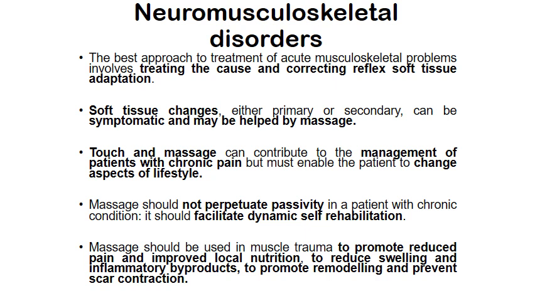This takes a lot of in-depth assessment and experience, as you gain more and will gain more in the future. So there will be some soft tissue changes, some primary and others secondary. So while you are relieving the symptoms, you will have to find out what was the primary cause of this neuromusculoskeletal disorder.